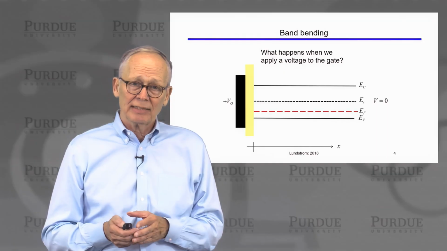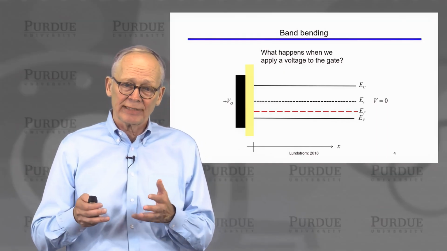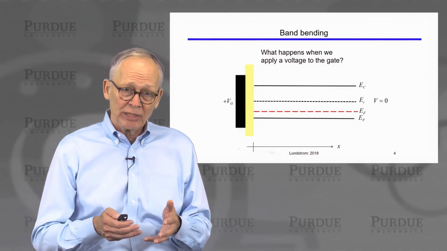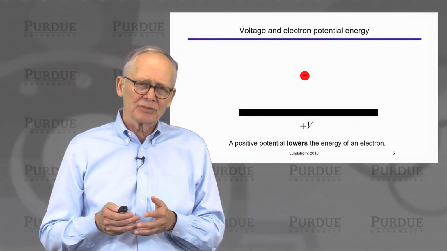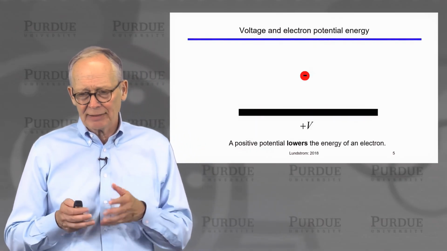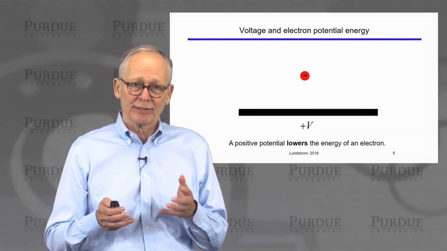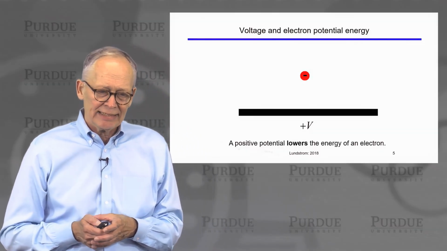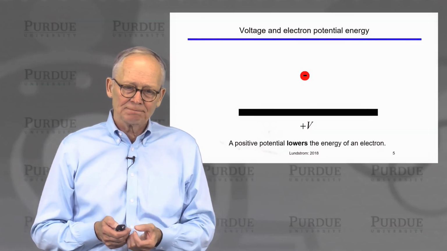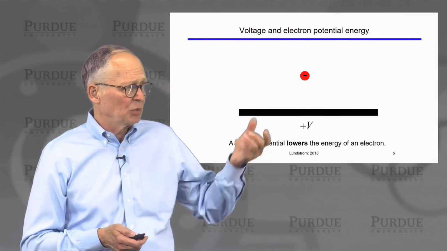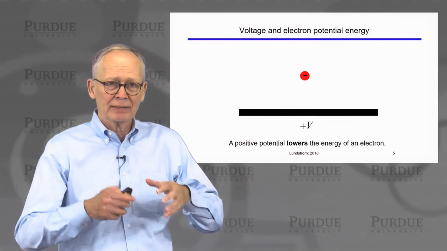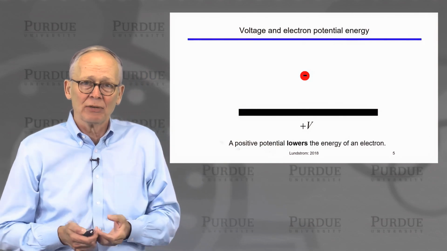But what we would like to ask ourselves is what happens to this energy band diagram when we apply a voltage? I'll remind you of something that you probably have seen in a previous semiconductor course or in a freshman physics course, and that is that if you have an electron and you have a positive voltage, that positive voltage would attract the electron to the plate, pull it down into a potential well.